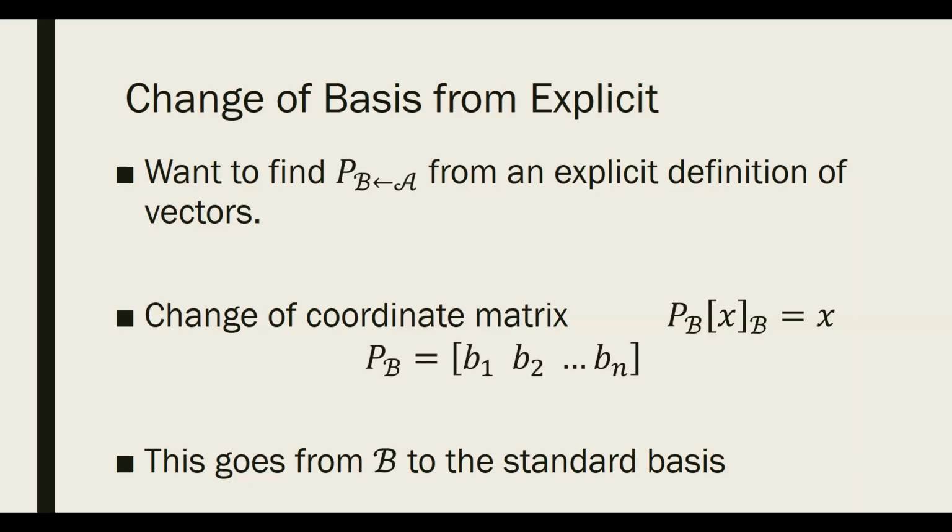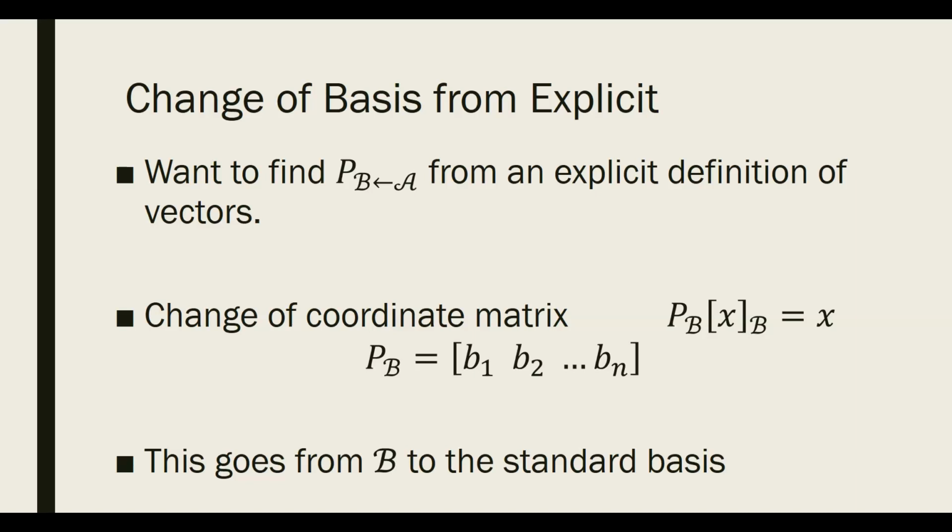What if instead we just have an explicit definition of our vectors? So for instance, what if A consists of 2 vectors and they could be anything, and B consists of 2 other vectors and they could be anything? Well, can we change back and forth easily? And the answer is yes.